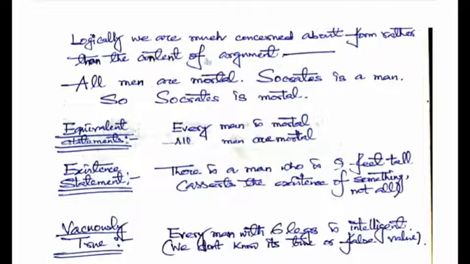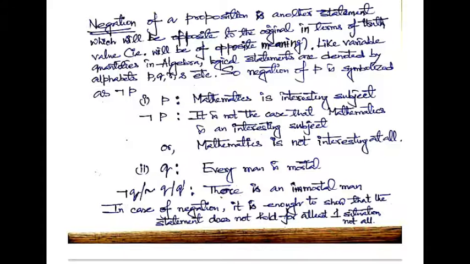Now, what is negation? Negation of a proposition is another statement which is opposite to the original one in terms of truth value. That means the conclusion will be the opposite of the original one. Like variable quantities in algebra, logical statements are denoted by lowercase letters, for example, p, q, r, s, and so on. So negation of p will be symbolized as not p or p prime. For example, p is the logical statement which states mathematics is an interesting subject.